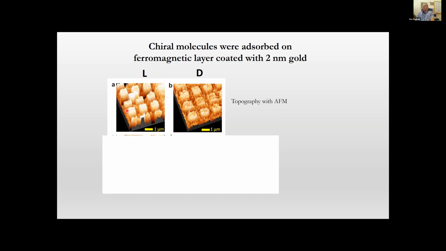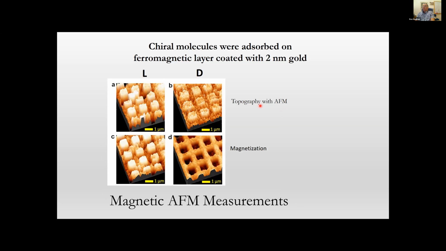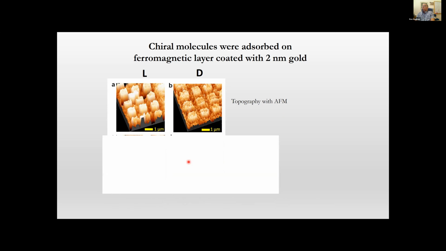Okay, so we have two structures, and we see the topography of the structure. Now we can come with a magnetic tip of an AFM and measure the force. What we find is that for one handedness, we get the magnetic moment of the molecule pointing up. For the other handedness of molecule, the magnetic moment is pointing down. So why is this?